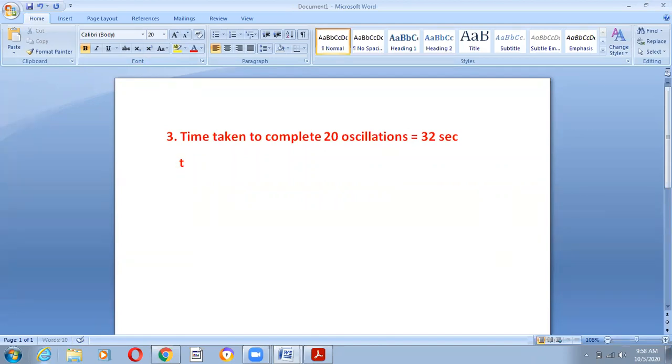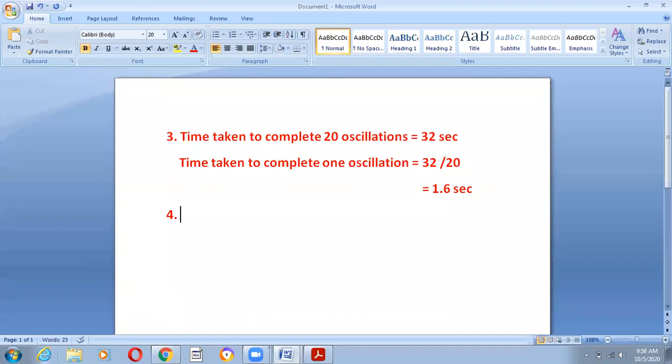And we know that time period means time taken to complete one oscillation. That will be equal to 32 divided by 20. It will become equal to 1.6 seconds.